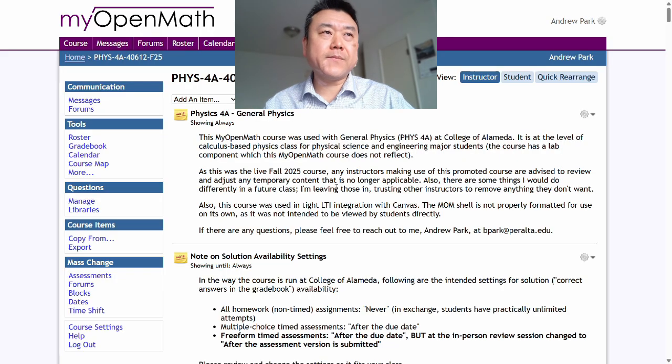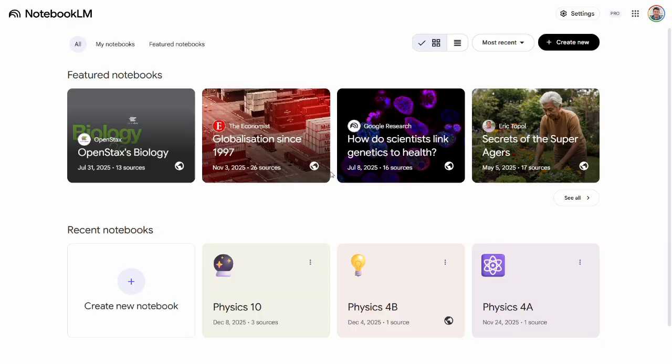And a friend of mine talked about how he uses NotebookLM, the Google AI product, and I started looking into it, and I think I might use it. I don't know the exact format in which I'll use it.